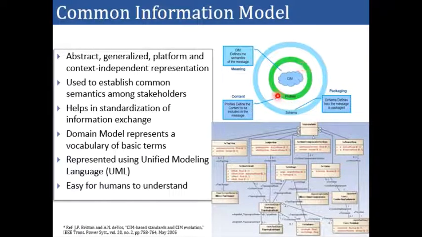You have to develop the corresponding profile to get the meaning out of it. It is a generalized representation of the system where a lot of classes related to all the power system equipments are collected. So in the base, you will have the common information model as a collection of classes and their relationships.